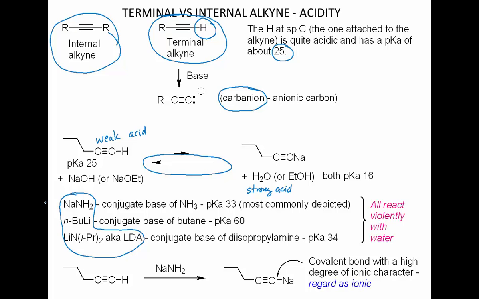So ammonia is not a very acidic compound. Its pKa is about 33. Butyllithium is the conjugate base of butane, and its pKa is about 60. And LDA, or lithium diisopropylamide, is the conjugate base of diisopropylamine, which is just an analog of ammonia.